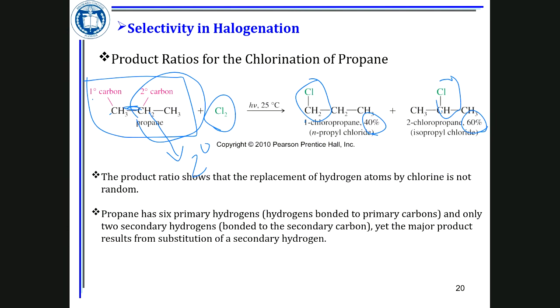Now, we are dealing with minor product and major product. The reaction that is faster would yield the major product. The reaction that is slower would yield the minor product.